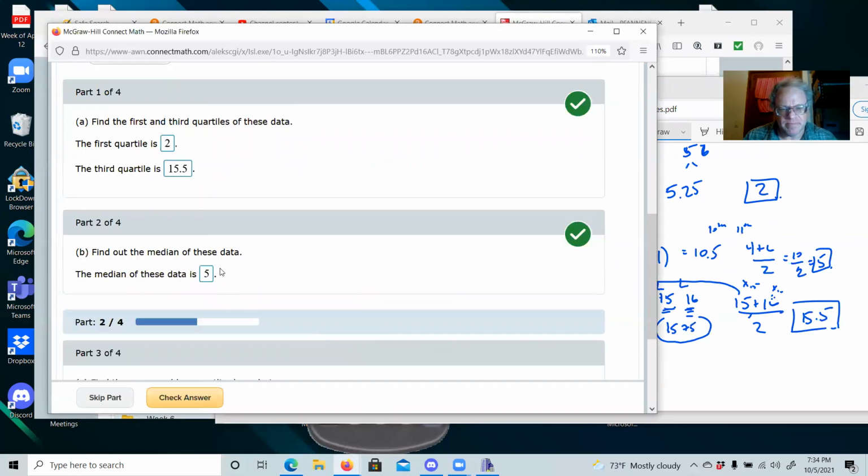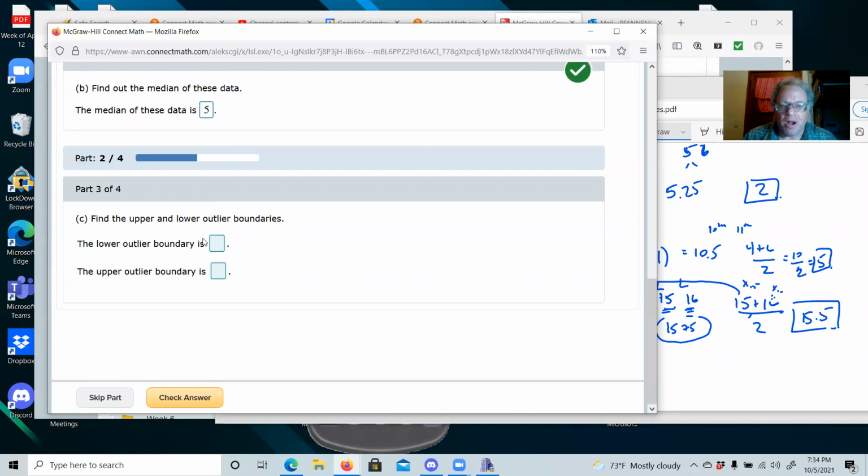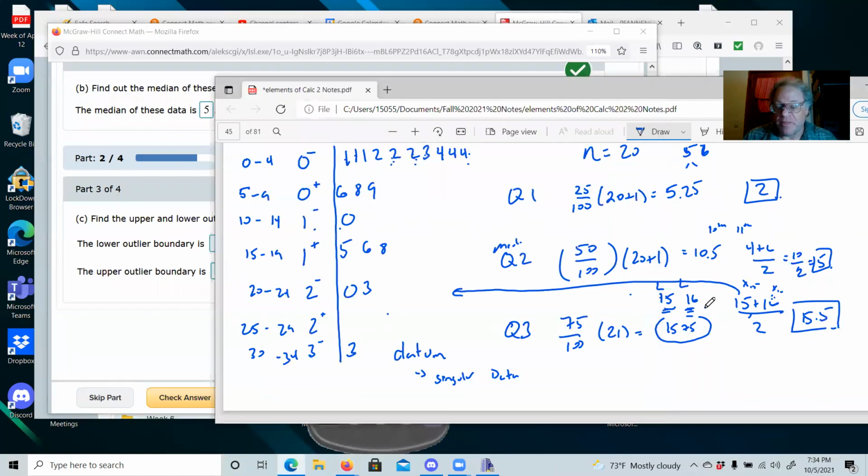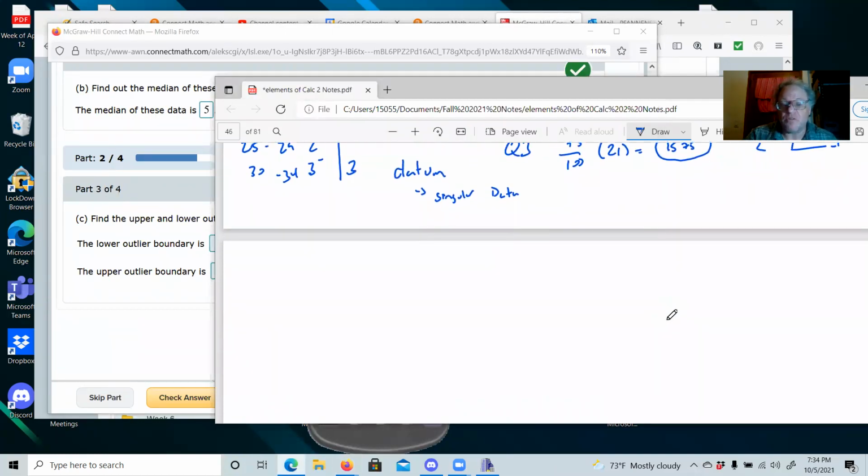All right, yay. Okay, upper and lower outlier boundaries. Now this one, I did write this formula down, but you have to know how to apply it. So the lower boundary is Q1 minus 1.5 times IQR. You don't need to memorize this formula. I gave it to you, okay? So this is Q1, which is 2, right?